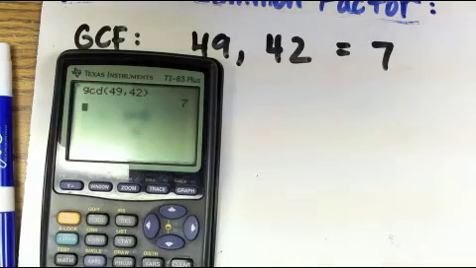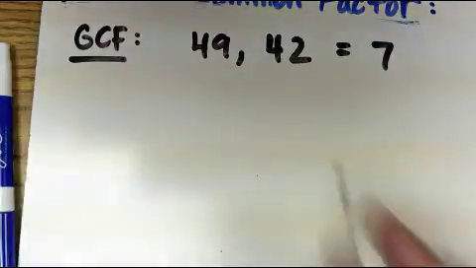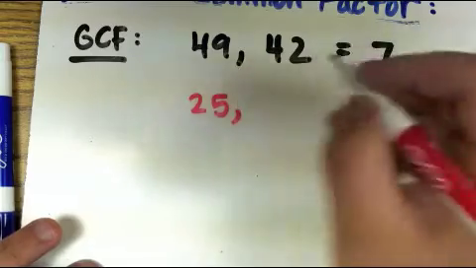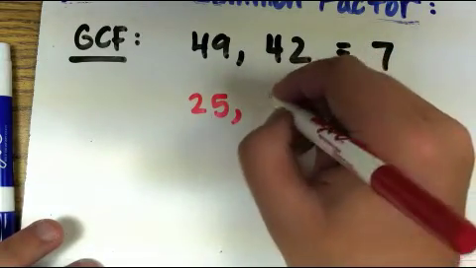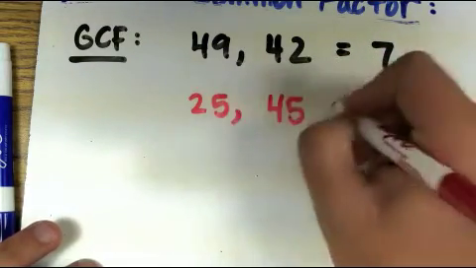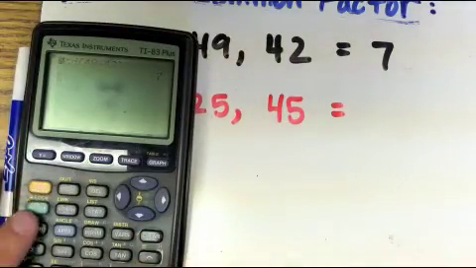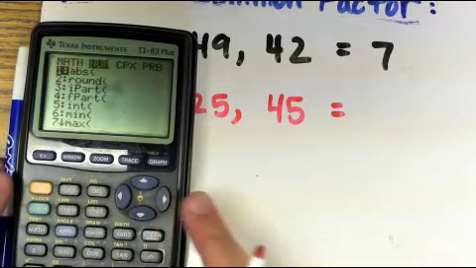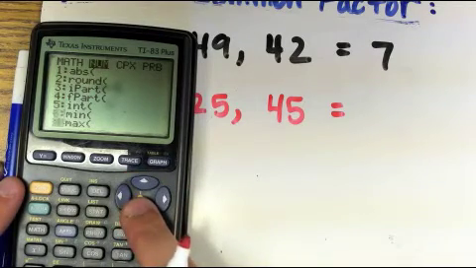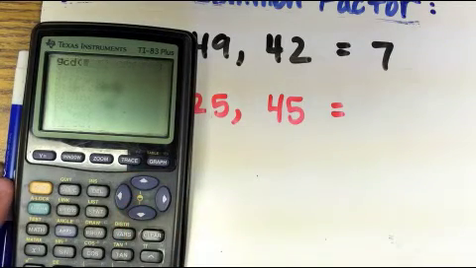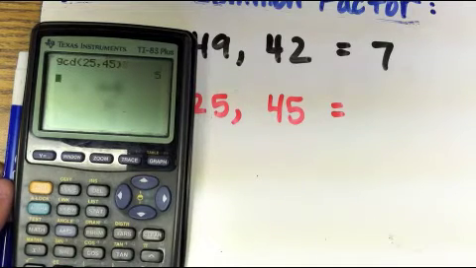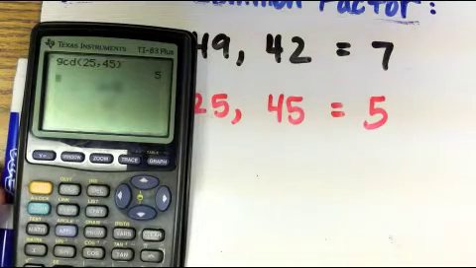So if I gave you 25 and 45, we do the same thing. Math, num, scroll down till you get to GCD, and then we want 25, comma, 45, and we get that the GCD is 5.